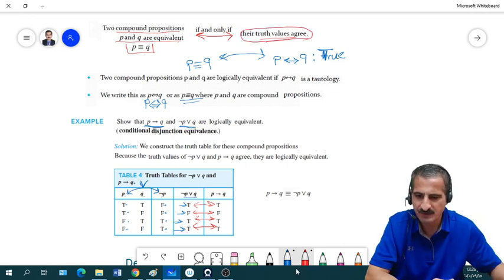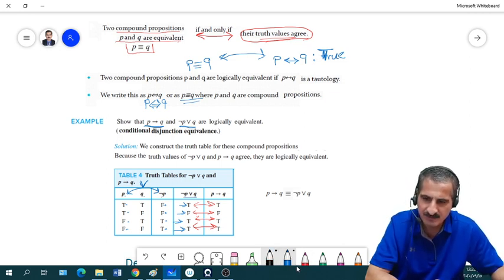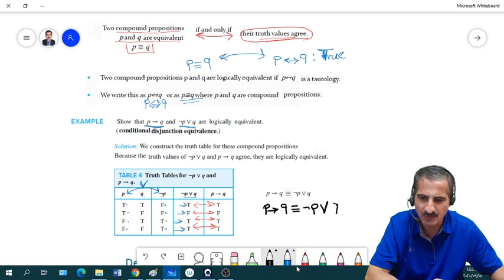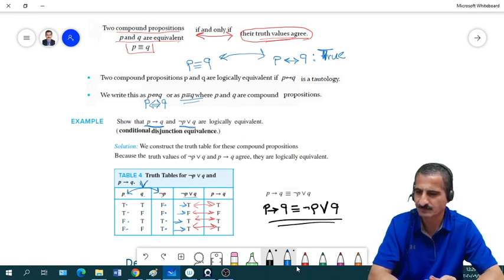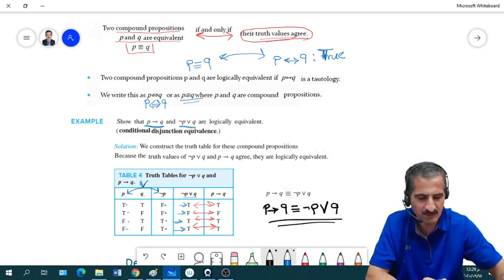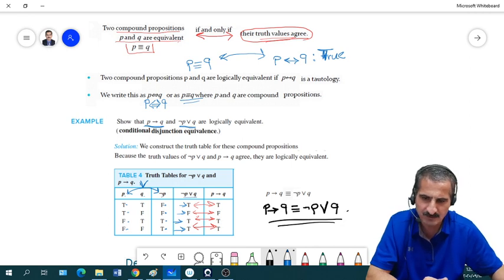Therefore, I shall write this statement: P gives Q, if P then Q, is equivalent to not P or Q. We will use this two times later in this video, so I will call it for a while equivalence star.